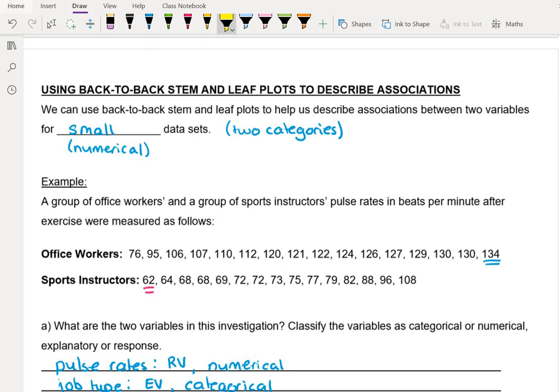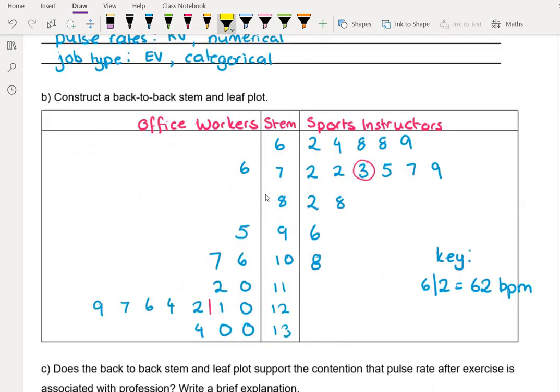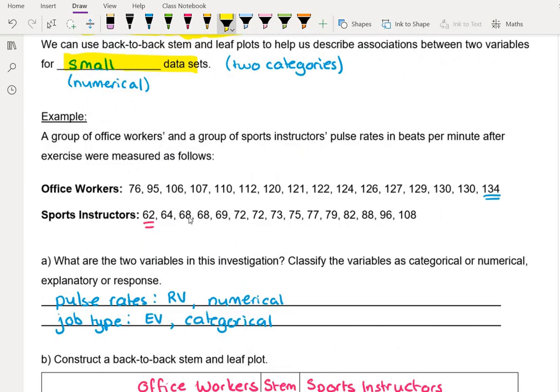And lastly, the same idea here, but now you can use back-to-back stem and leaf plots. It's really only good if we have small data sets, because you'll have to write all the data one by one. So if you have a big data set, it's really hard to construct one.